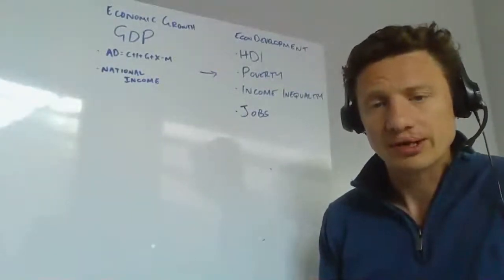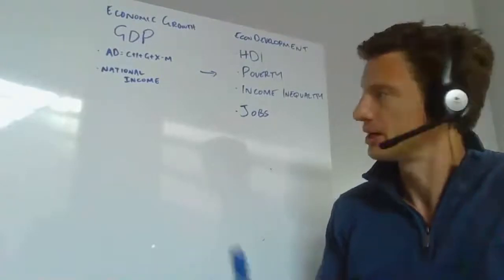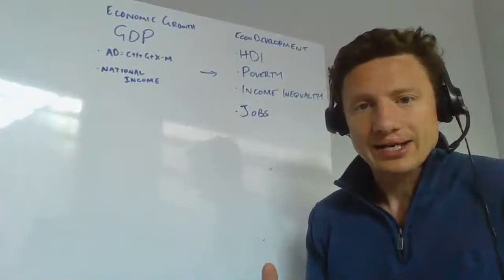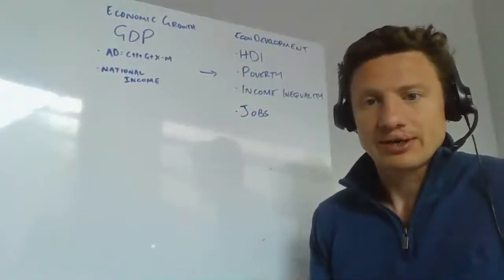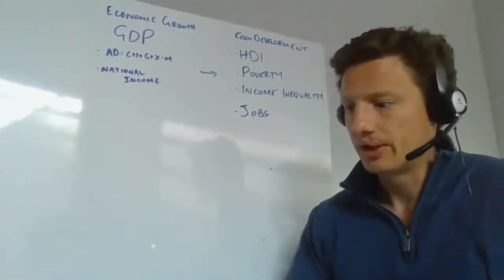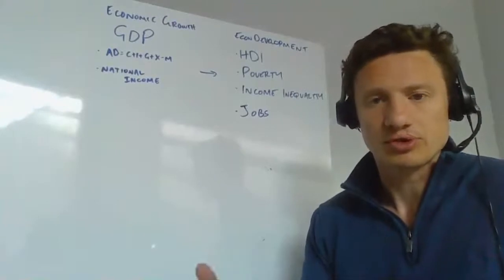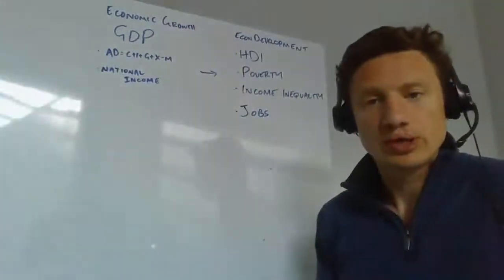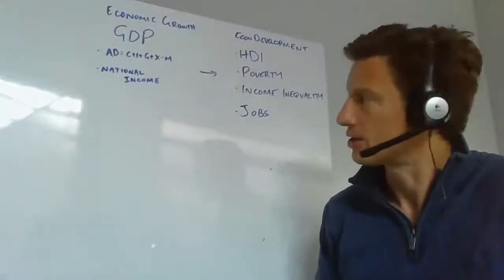Or another way to think about it, if you prefer to visualize it differently, just call it national income. It's essentially adding up everybody's income in the economy for the production of goods and services that they make. So when we talk about economic growth, we're talking about real GDP increasing.